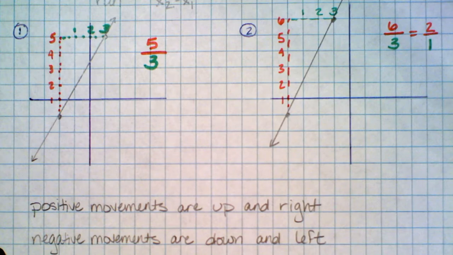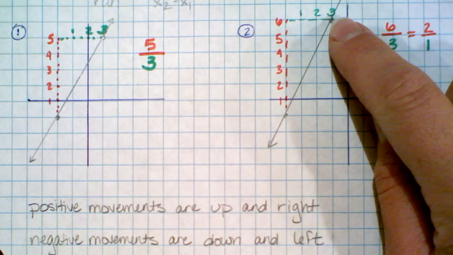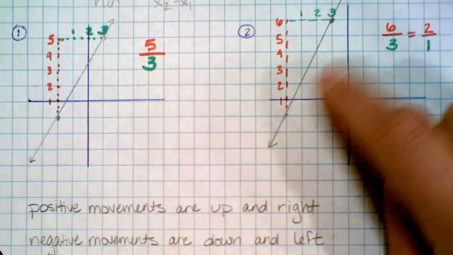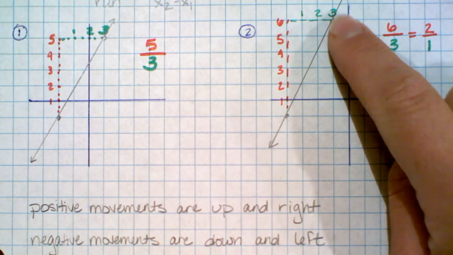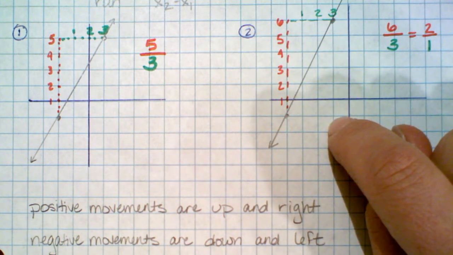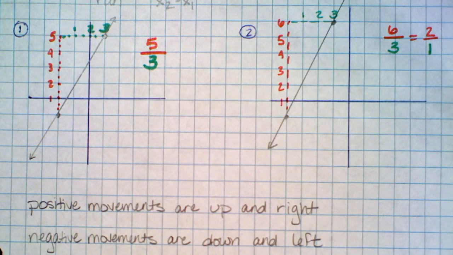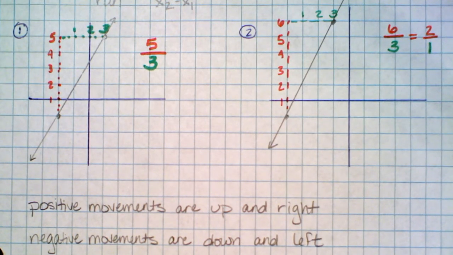We can look at this graph, and we could go from this point here down to that point. It would be a rise of -6 because I'm going down, and a movement left of -3. So -6 over -3 would be +2 still. The down and the left are negative movements.